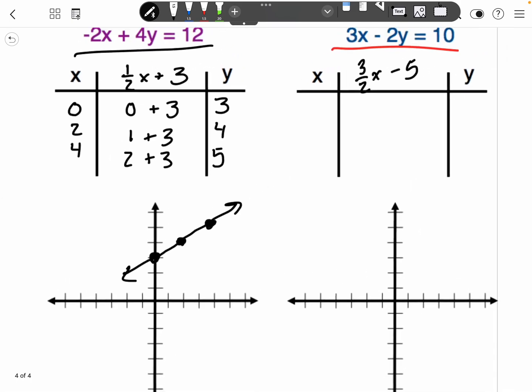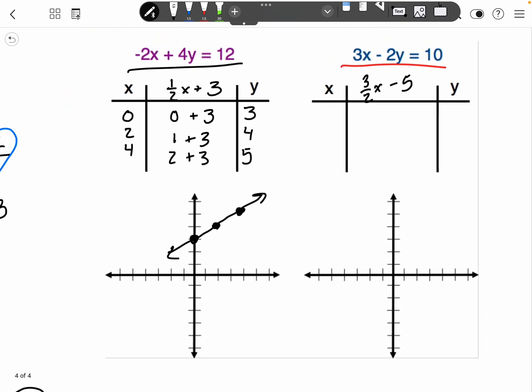So I'm going to start with 0. 3 halves times 0 is 0. Minus 5 is negative 5. Then I can choose 2. So 2 divided by 2 is 1. Times 3 is 3. Minus 5 is negative 2.